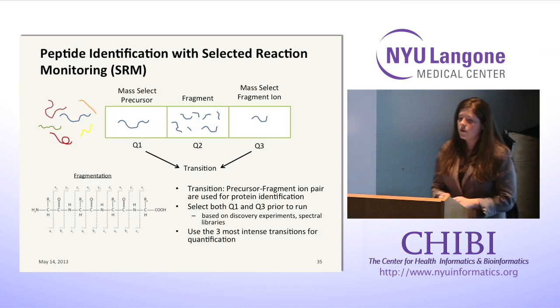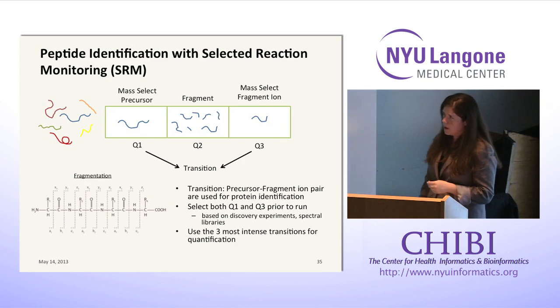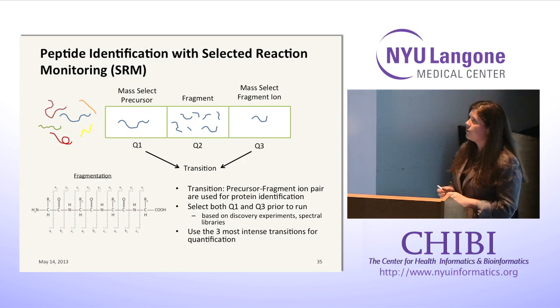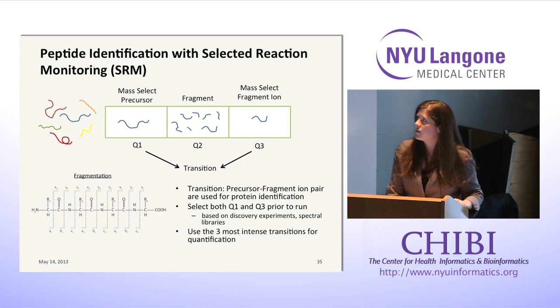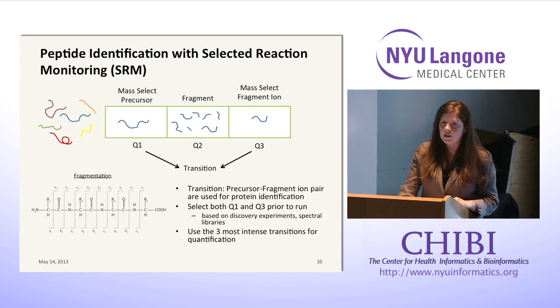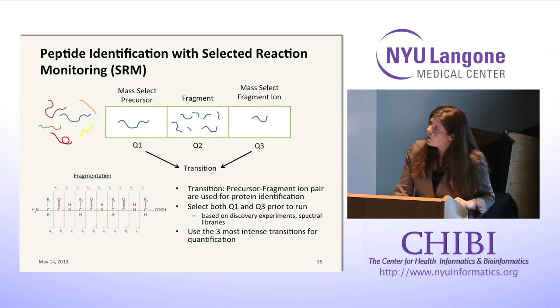Most of the targeted proteomics for biomarker discovery uses selected reaction monitoring, or SRM. So in SRM, you select your peptide in the first cell of your mass spec, and then it fragments that in a collision cell, and then it selects again for your fragment ion.